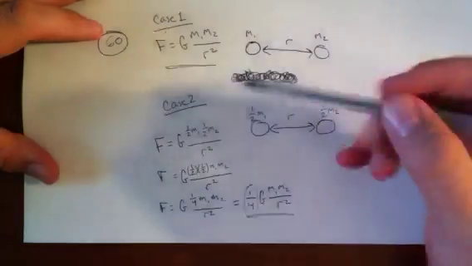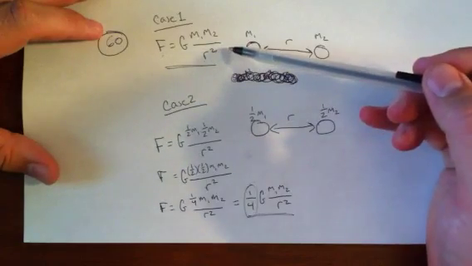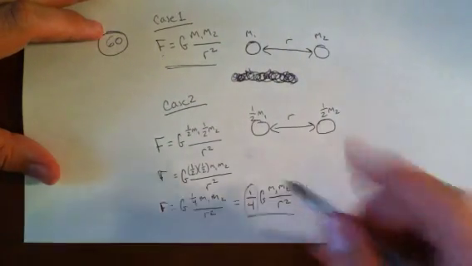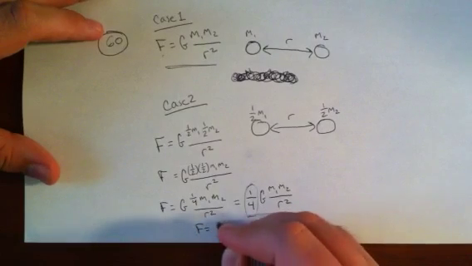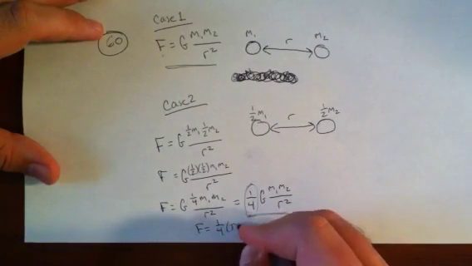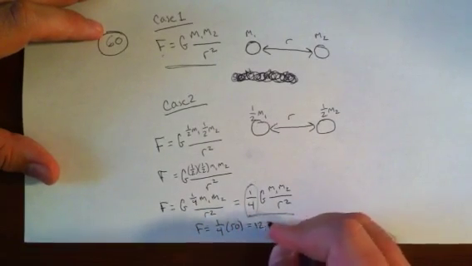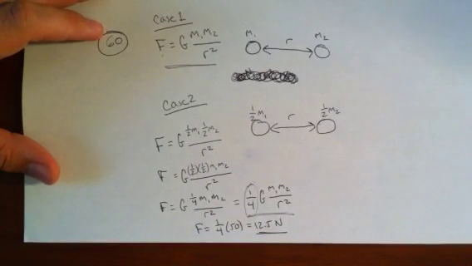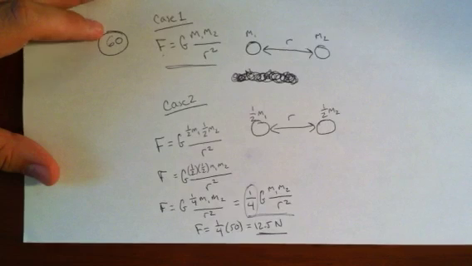Okay? And since we know that this original force was 50 newtons, then 1/4 of that would give us 12.5 newtons. 1/4 of 50 is 12.5 newtons. And that would be your answer. Alright? And that's all there is to it.